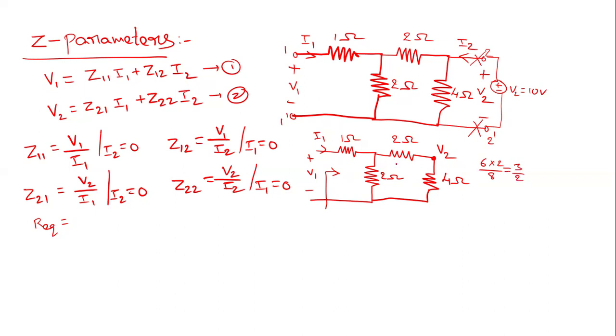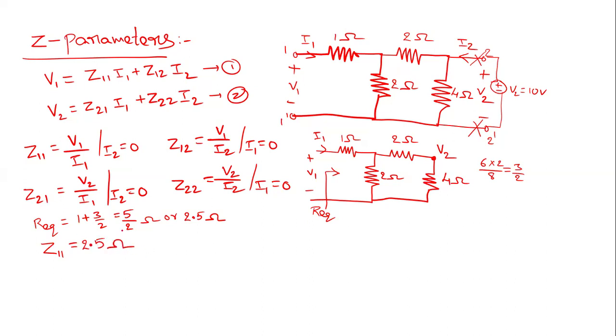This 3 by 2 equivalent and 1 ohm are in series, so finally R equivalent is 1 plus 3 by 2, which is 5 by 2 ohms, or 2.5 ohms. 2.5 ohms is the input impedance. Since we have already applied I2 0, this R equivalent is nothing but Z11. Z11 equals 2.5 ohms.